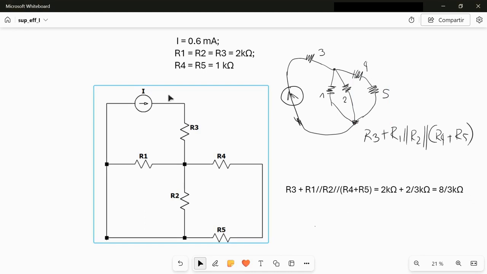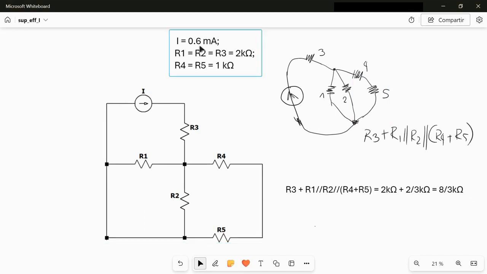If we know the current, which is 0.6 milliampere, we can calculate the voltage drop between these 2 points, which are the points of the equivalent resistance. With the current entering this terminal, we can call this voltage drop, which in this circuit corresponds to the voltage drop between this point and this point, Vx.